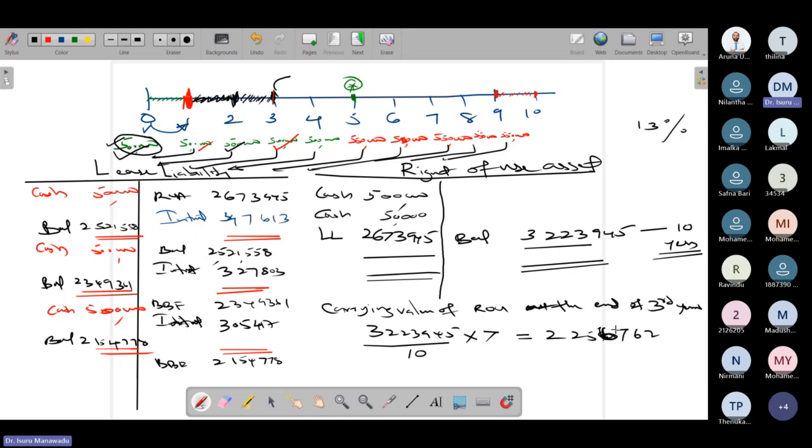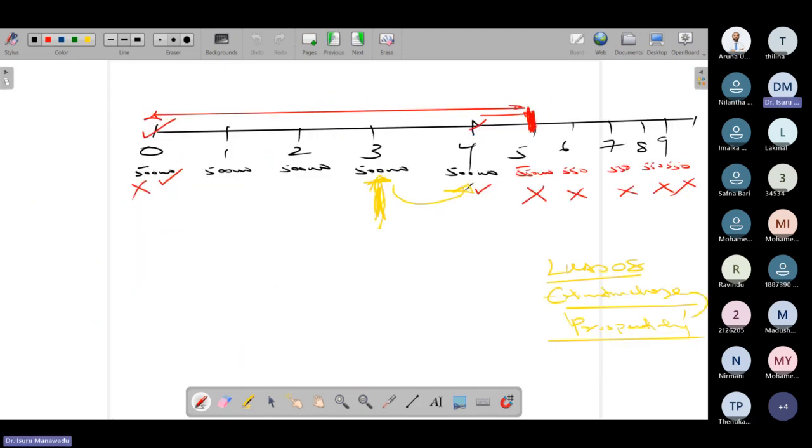Now you have taken balances of right of use asset and the lease liability up to third year. As per the agreement, now there is a change, no?